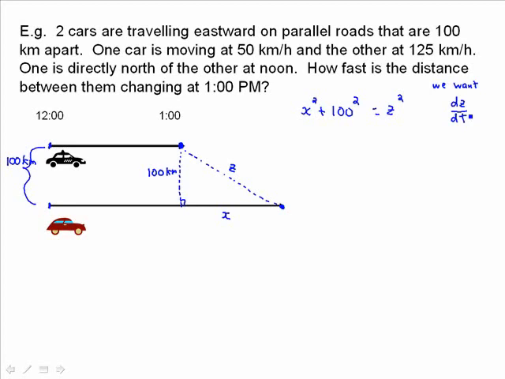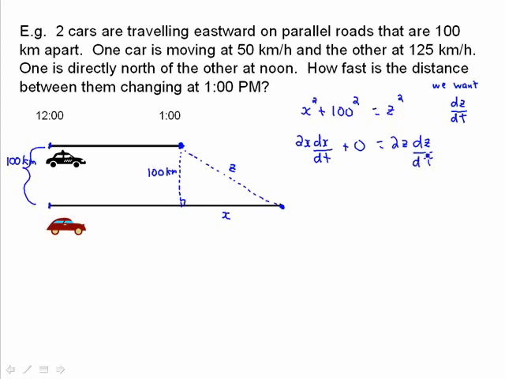t is not in the equation, although we are differentiating with respect to t. We've got an x, we've got a z, and we'll soon have dx and dz, but we do not have a t. So we're going to have to make an adjustment, which shouldn't be a huge problem. I'm going to differentiate the equation, so that gives me 2x dx/dt plus 0 is equal to 2z dz/dt.